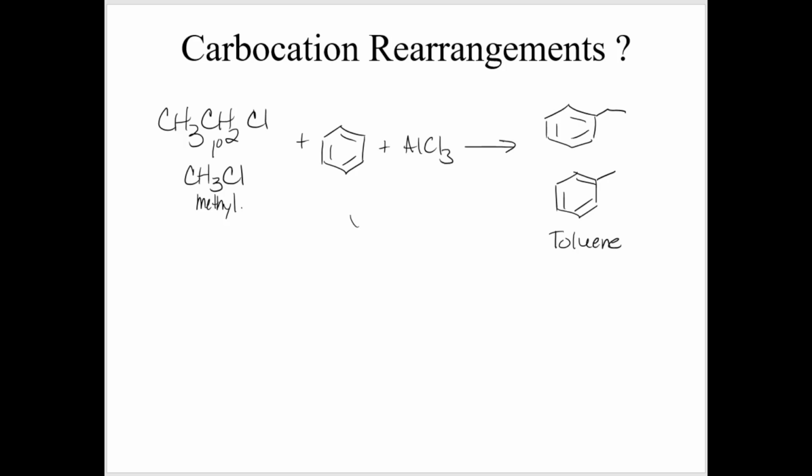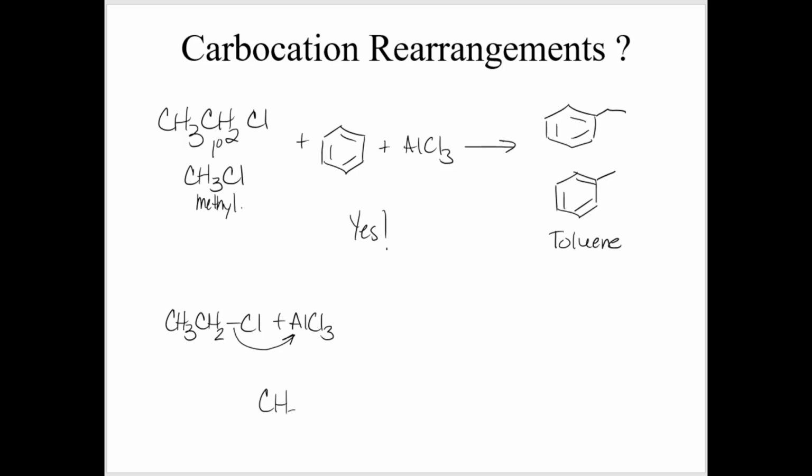And the answer is yes. Yes, I can do this reaction, but then your next question would be, how can you do that without forming a carbocation? Which is a good question. So here's what happens in those cases. When the ethyl chloride reacts with the aluminum trichloride, the carbon-chlorine bond begins to stretch as the aluminum basically gets the chloride.